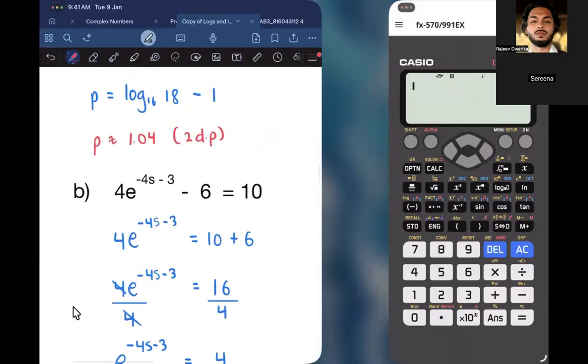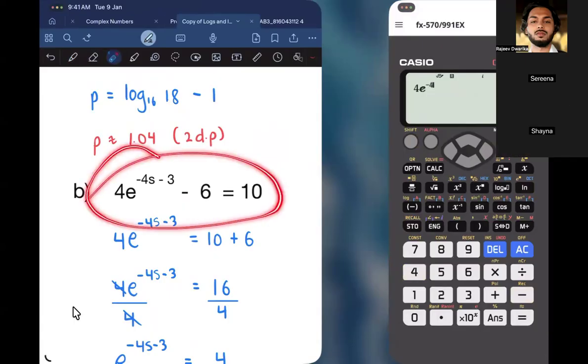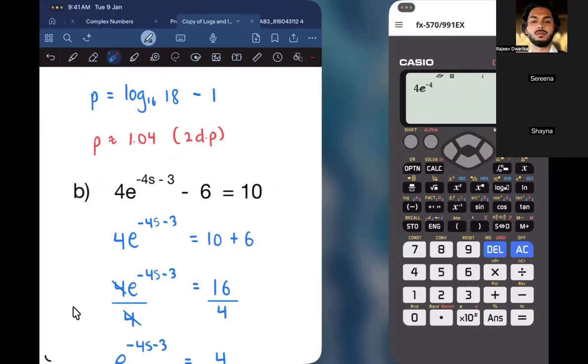What should I get when I plug S back into this equation? 10, right? Fingers crossed. Bam. We get back 10.